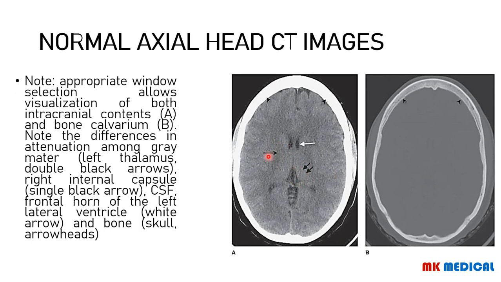Then this single arrow here is going to be your internal capsule, where this arrow is pointing. I'll show you a much more detailed view later. Then you have the CSF in the frontal horn of the left lateral ventricle, shown by the white arrow. And then of course the skull bone, which is shown by these arrowheads.